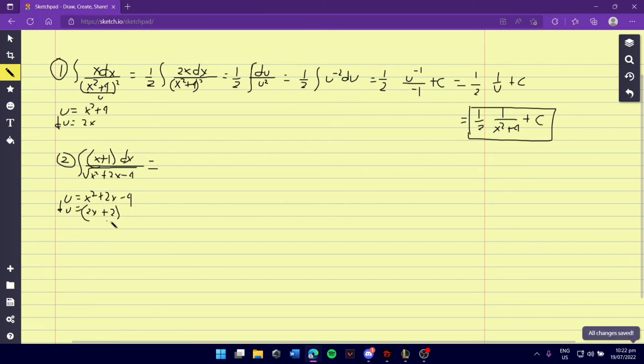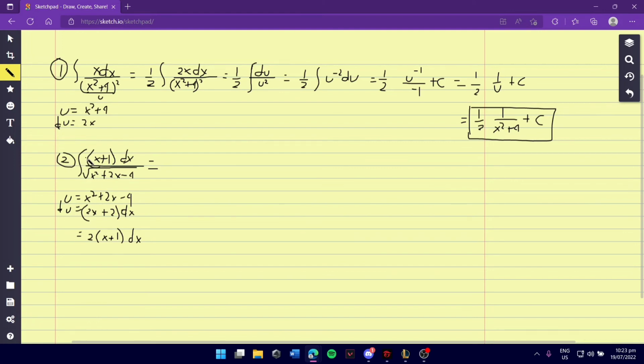Here, you can manipulate it by factoring it out to get x plus 1. So we will factor out 2, and put 2 times x plus 1 dx. Now we have our du and u.